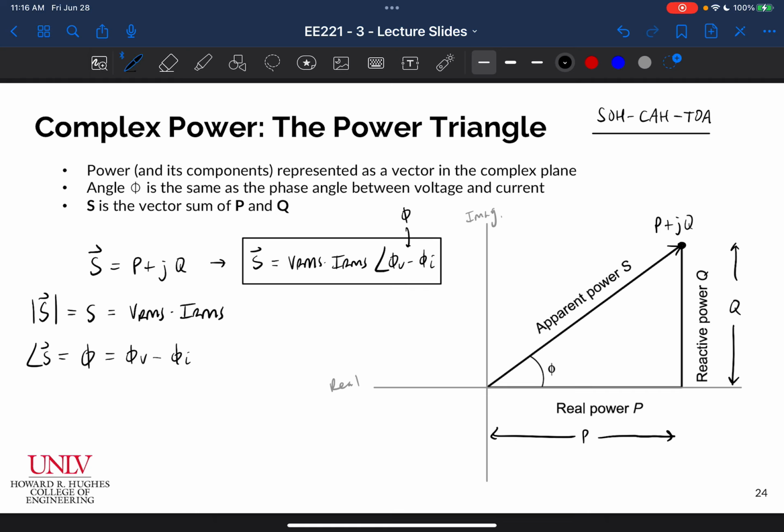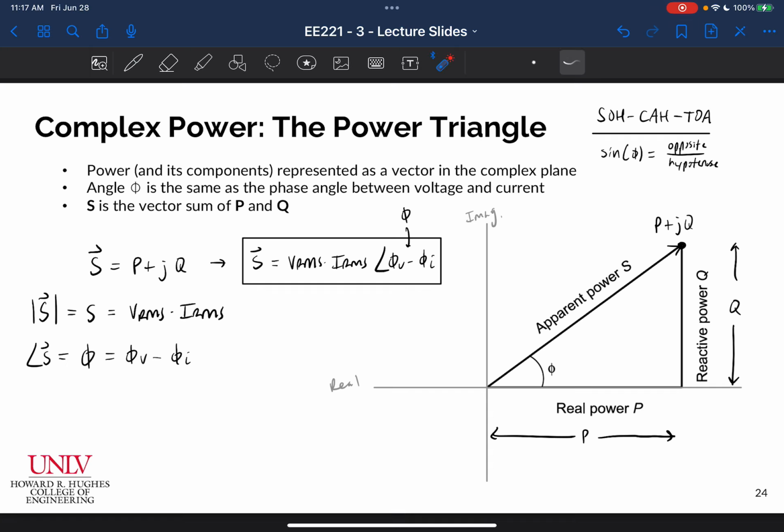But what that means is that the sine of an angle is equal to the opposite side over the hypotenuse of the triangle, right? Hopefully you remember this. Cosine is adjacent over hypotenuse and so on.